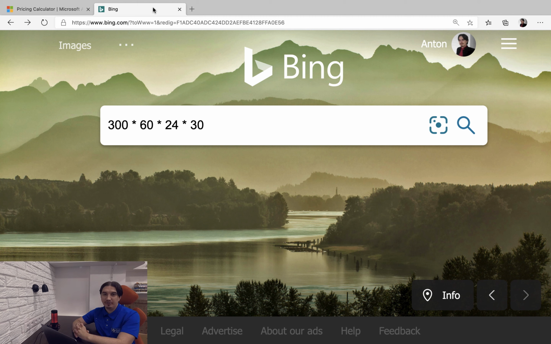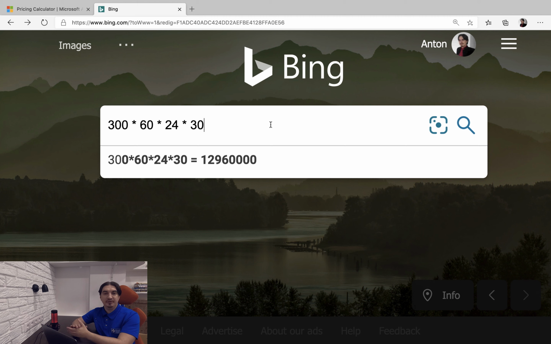We multiply it by 60 to know how many invocations we have during an hour, then by 24 to understand how many we have per day, and then by 30 to understand how many we will have per month. The result is more or less 13 million. So for now, let's use 13 million as a round number.